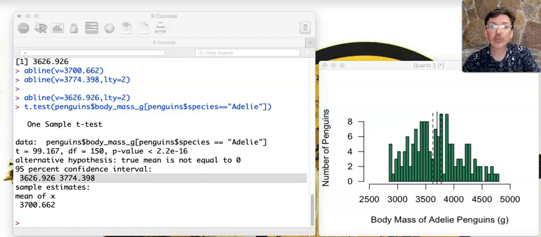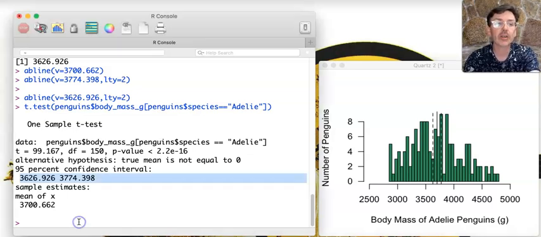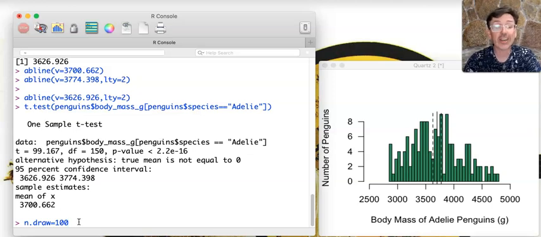Now, to illustrate what I'm talking about, I want to give some graphical illustrations, and I'm going to imagine that we're going to do this study 100 times, because strictly speaking, the 95% confidence interval refers to the idea that if we were to resample the population from which these penguins came 100 times, a confidence interval using this process would capture the true mean 95% of the times.